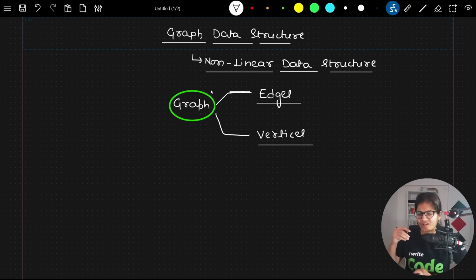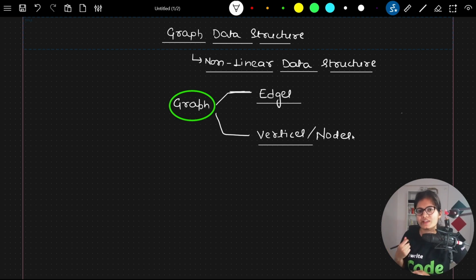Now you can ask me a simple question: the edges or the vertices are also known as nodes, the same thing I talked about when I was covering the introductory part of trees. Then what is the difference between trees and graphs? A very good question.